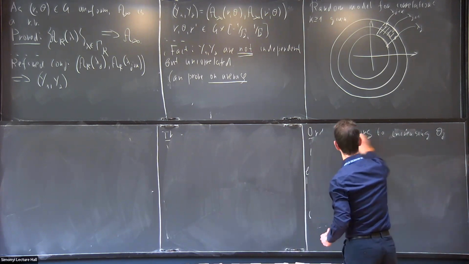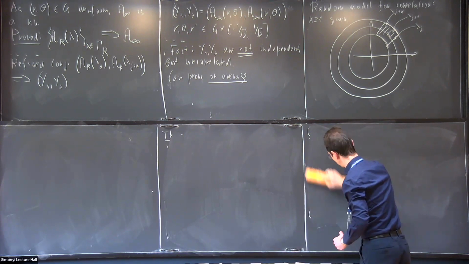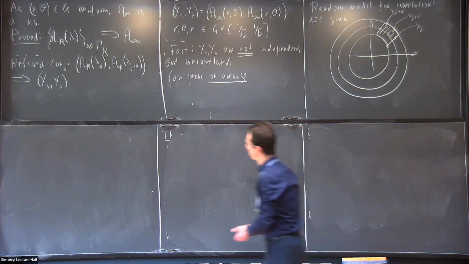So what happens after we translate this rectangle by lambda j?